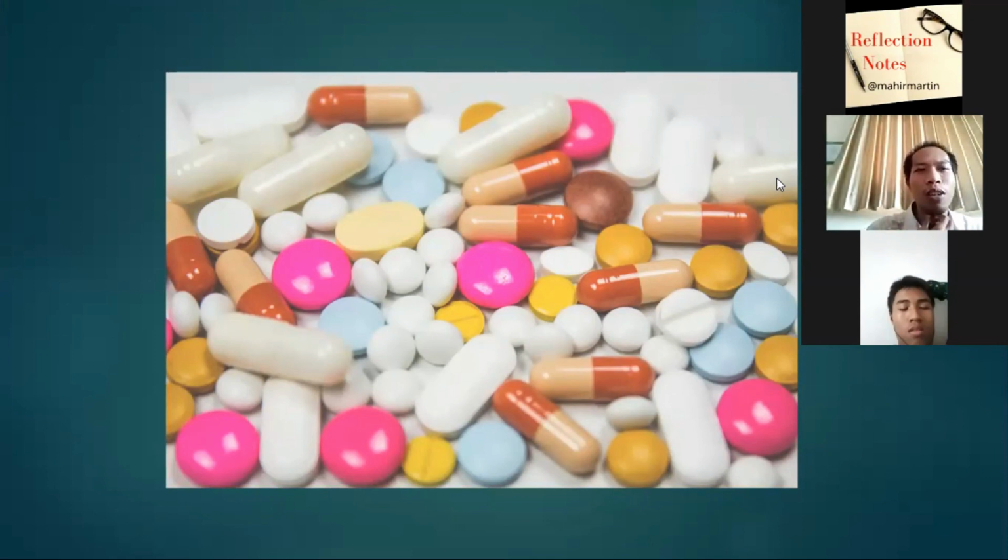So medicine is also one of the things related with chemistry. There are many chemicals in medicines, and that's why we have to study medicine in chemistry. We call this pharmaceutical chemistry, the chemistry that studies medicines. As we know, in Bahasa we call it pharmacy, so it's pharmaceutical chemistry.